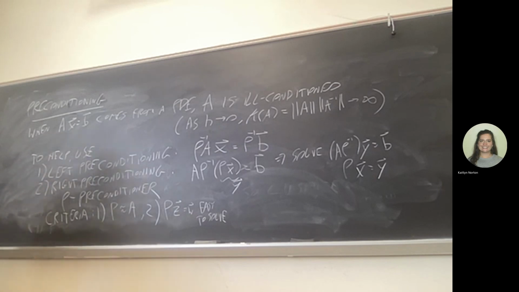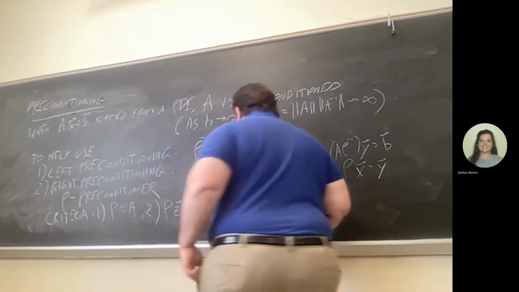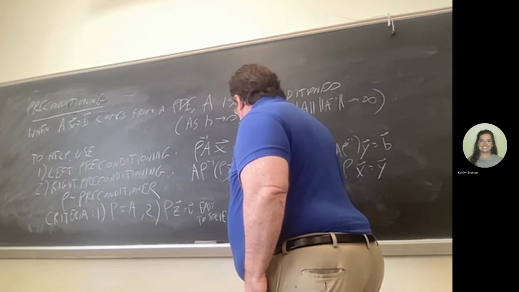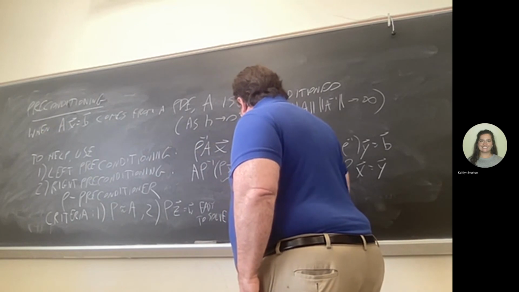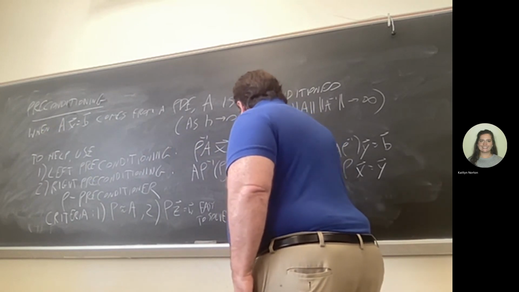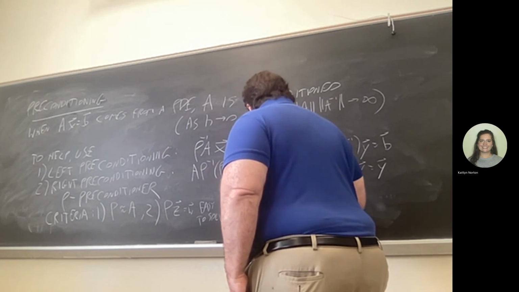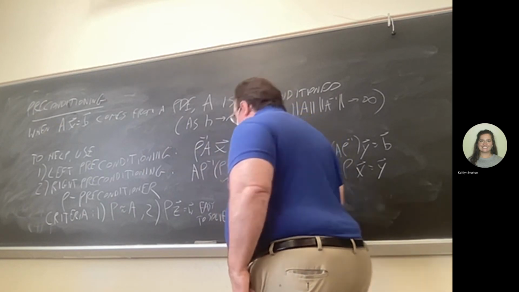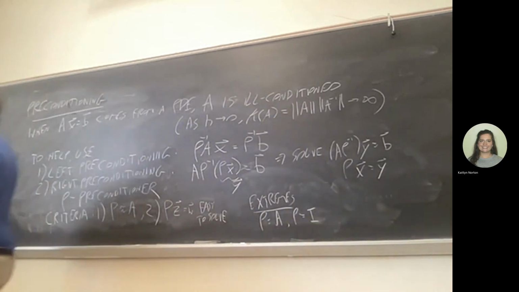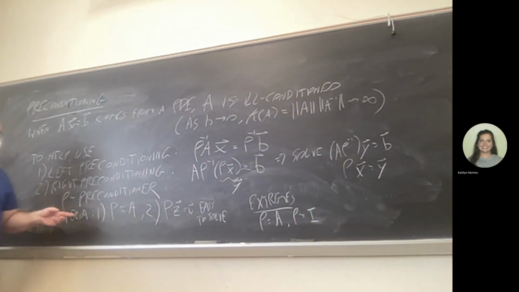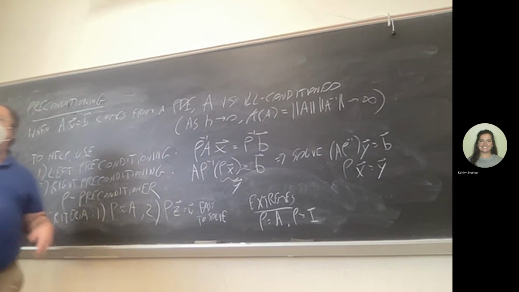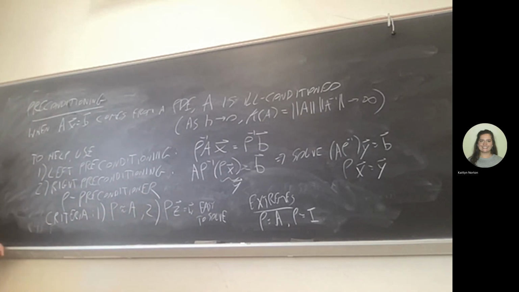And to see that, you can consider the extremes. So the extremes would be P is equal to A itself, or P is equal to the identity. So if P was equal to A, it satisfies the first condition beautifully, but not the second. You've made no progress.